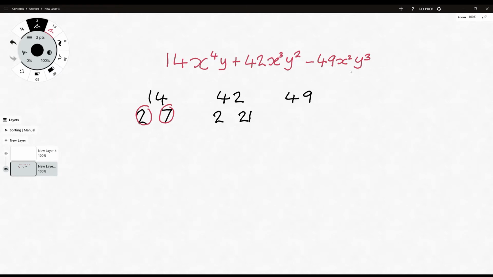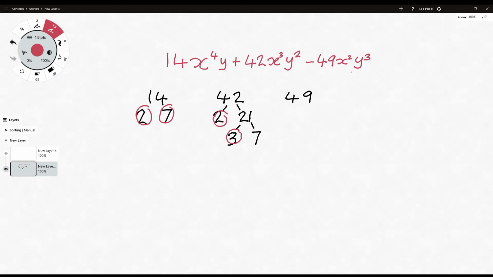Because 21 isn't a prime number, we know it's divisible by 3 and 7. If unsure, start with the lowest prime number. 2 can't go into 21, however 3 will, and 3 goes into 21 7 times.